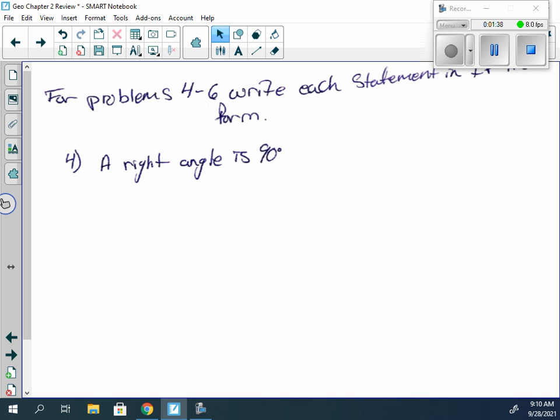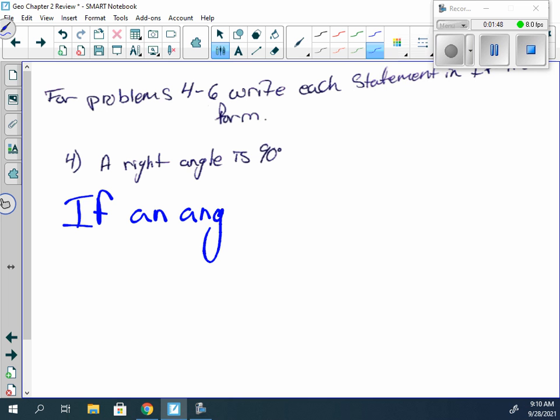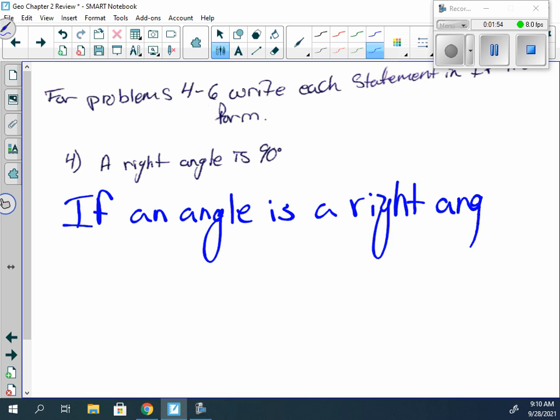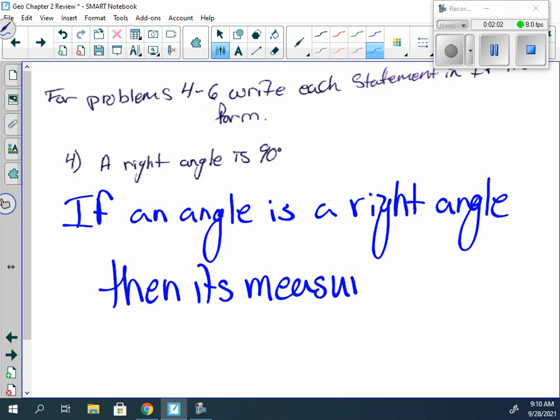Now this first one, a right angle is 90 degrees. If we did this one here, we'd have to change the wording a little bit, because we'd have to say if an angle is a right angle, then its measure is 90 degrees.